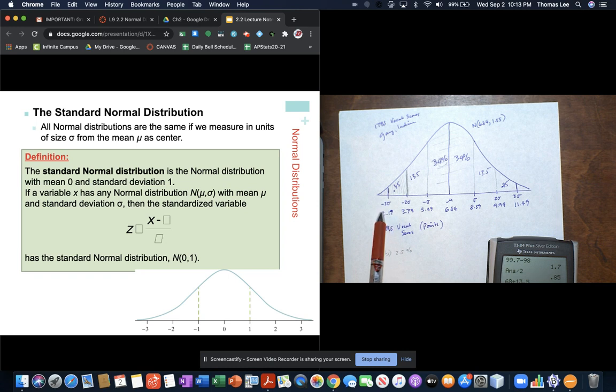But once you standardize all of these numbers, underneath this curve it all just becomes 0, 1, 2, 3, and -1, -2, -3. And technically, those are unitless numbers, but in reality, they correspond to standard deviations.